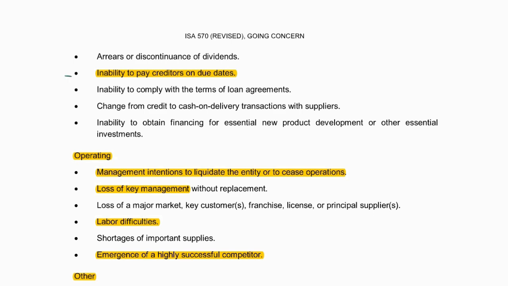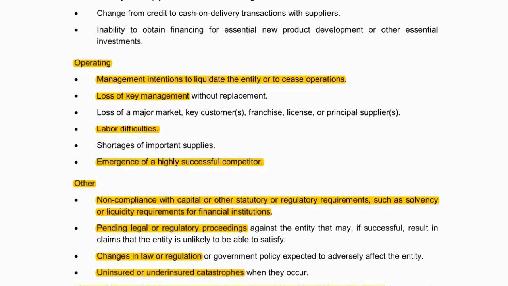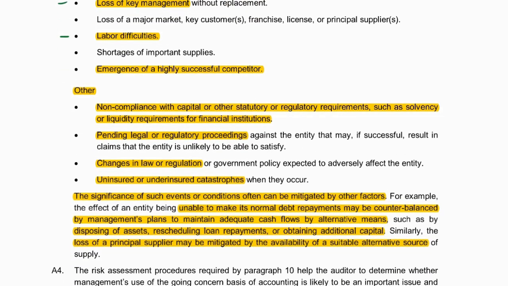Inability to pay creditors. So some of our financial ones, our operating factors: management intent to liquidate or loss of key management, labor difficulties. All of these indicate potential threats to the going concern assumption. Non-compliance with regulatory requirements and, as a result, pending litigations.